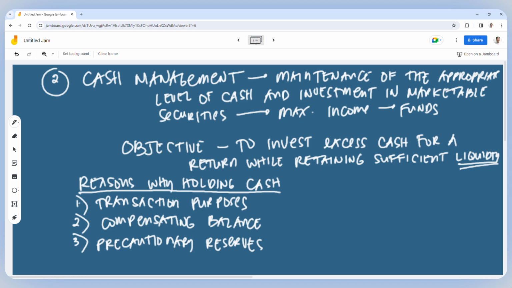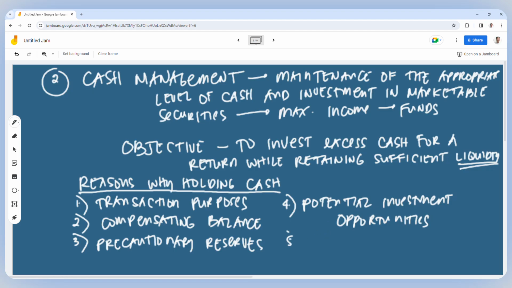Kung wala tayong pera, paano tayo makakapagbayad sa ating mga empleyado. Okay. Number four, yung tinatawag nating potential investment opportunities, no? Potential investment opportunities. So, very important here is we have enough money para if ever man that we have investment potential, no?